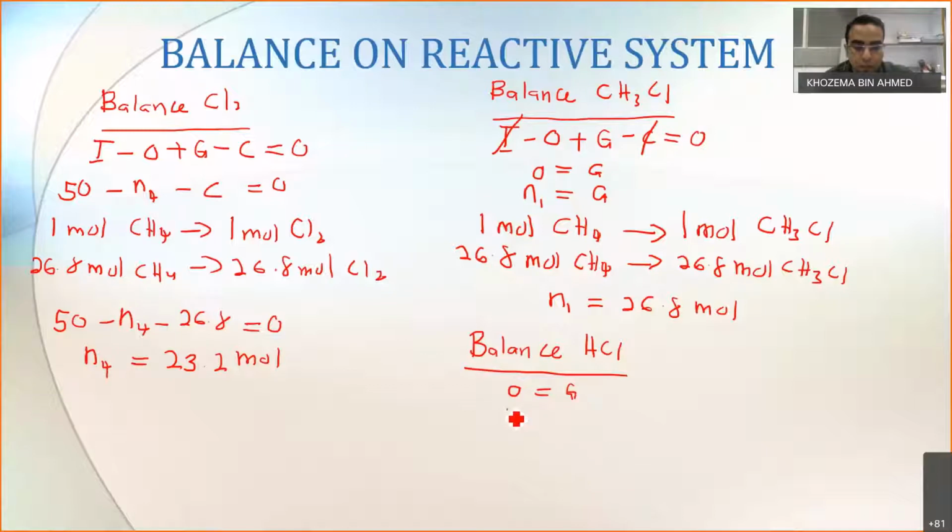So N2 is equal to generation, and I can use the same stoichiometric relation here. 1 mole of methane will produce 1 mole of HCl, and if I have 26.8 mole of methane reacting, then I will have 26.8 mole of HCl generated. So my N2 is also equal to 26.8 mole.